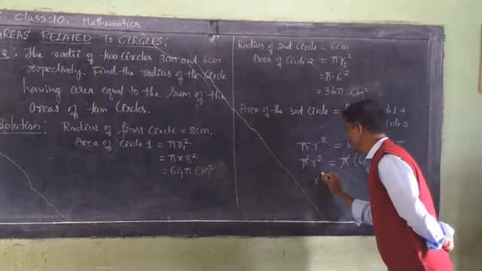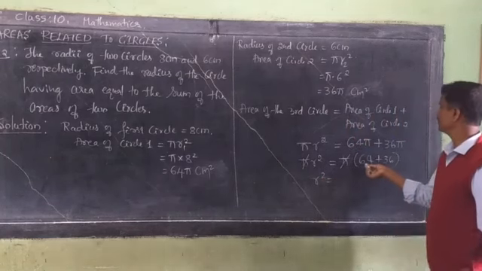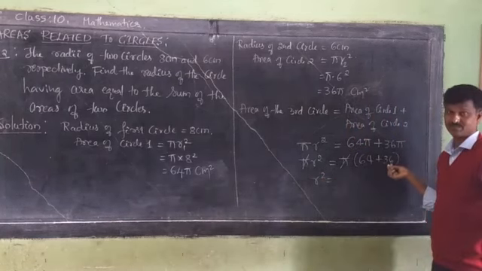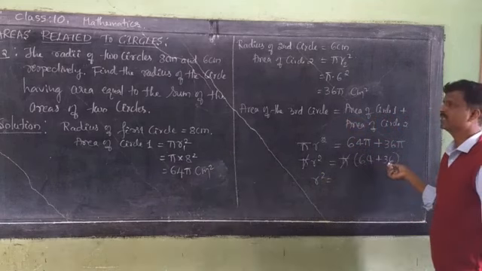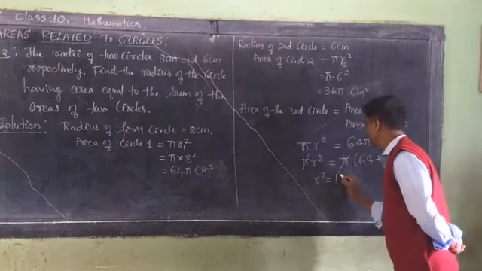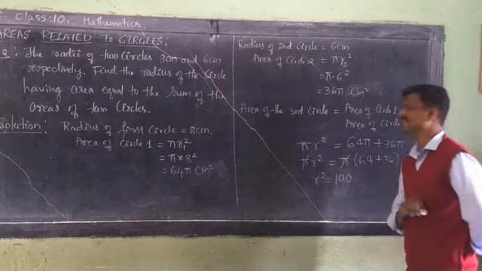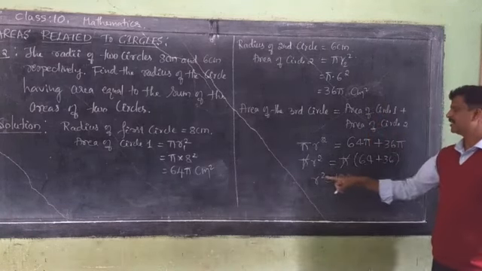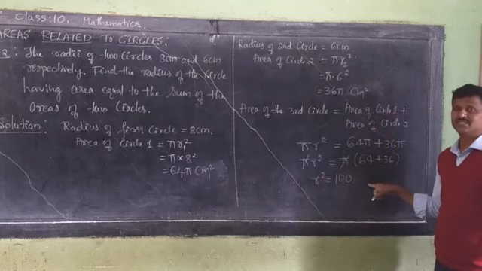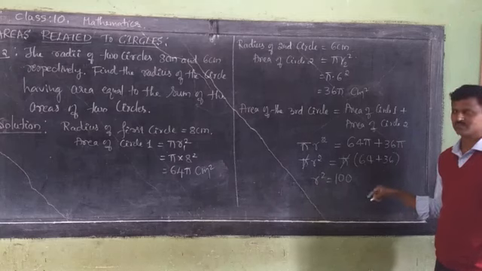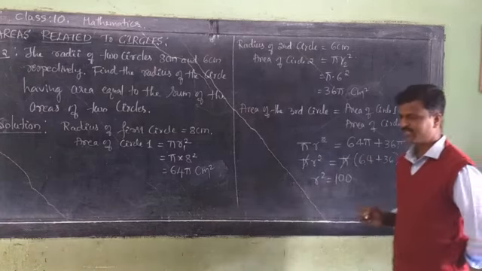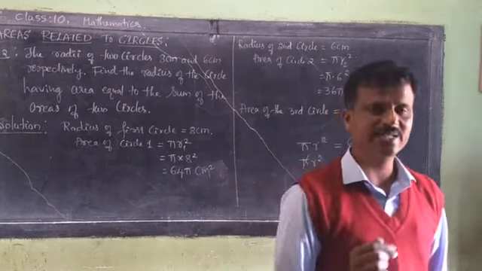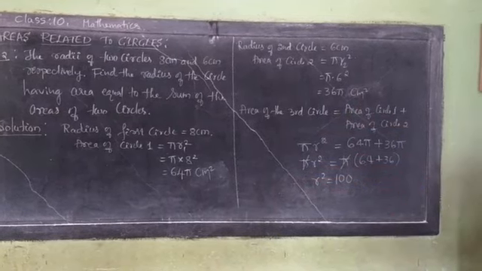That is r square equals 64 plus 36. The sum of 64 plus 36 is 100. So r square is 100. If the square of a number is 100, what is the number?